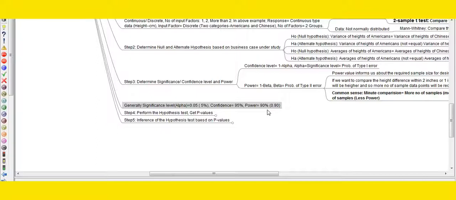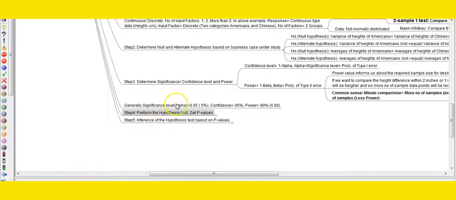In medical experiments, the confidence level is higher, and similarly power is also higher. But in the normal manufacturing sector it may be lower, maybe only 95% and 90%. So case to case it will differ, but the general thumb rule is 95% confidence and 90% power.